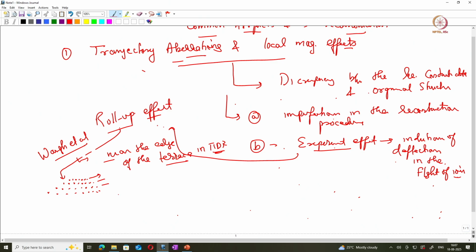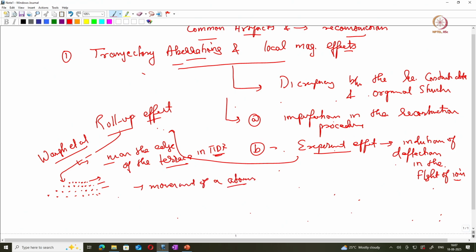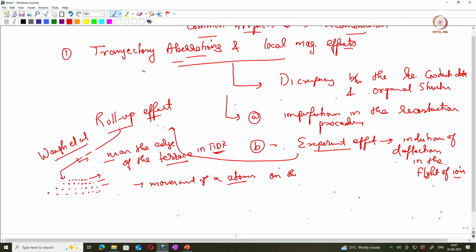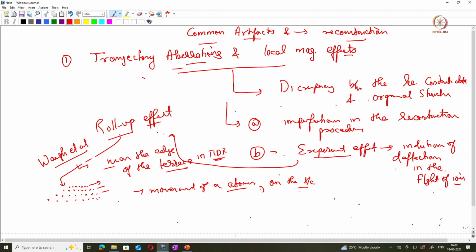What does it mean? It means the movement of an atom on the surface prior to its field evaporation and departure.